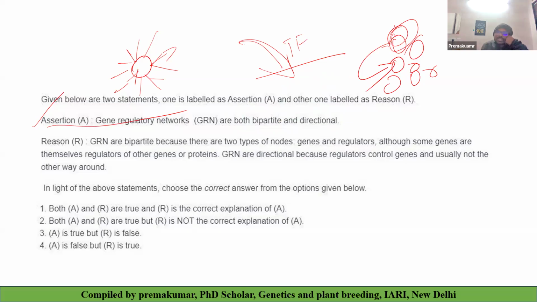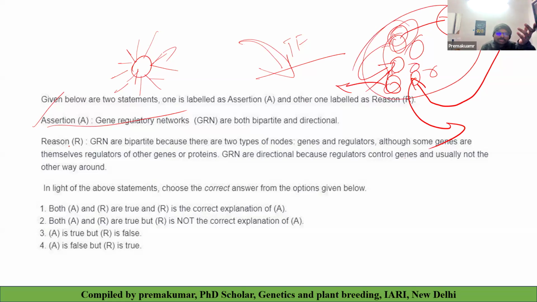For example, this gene will produce some transcription factor, and this transcription factor will bind to that gene, and that gene is expressed. That's what is bipartite, and it also may be direct. Some will directly affect the other trait, or some will directly affect the expression. They will regulate themselves, and they also regulate other genes. That's why both are correct, and there is a correct explanation.